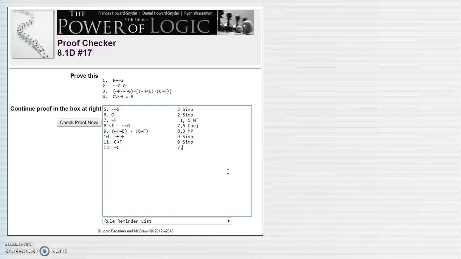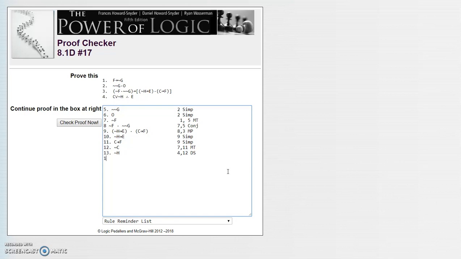Using 7 and 11 and the modus tollens rule. Now that we've got not C, we can put that in with 4 and we can get not H. We get that by using what? 4 and 12 and the disjunctive syllogism rule.